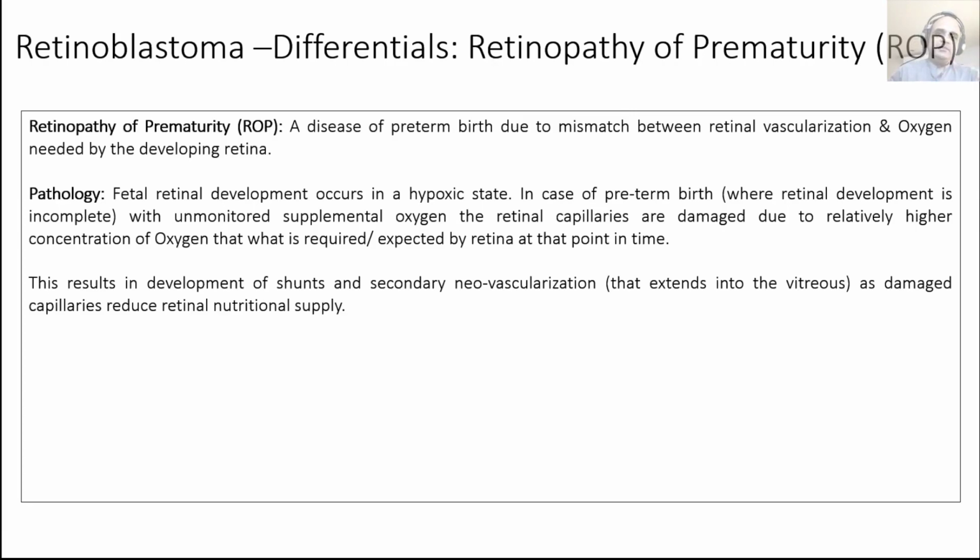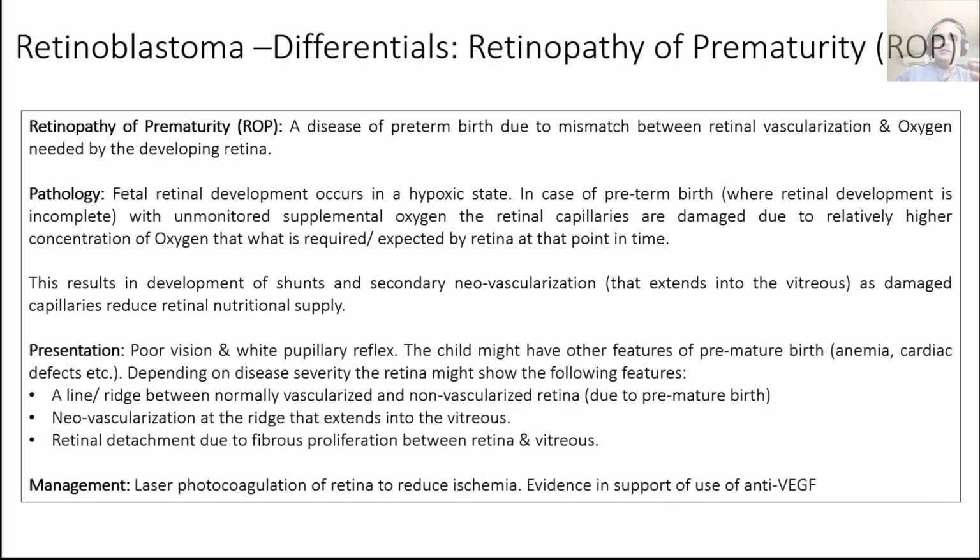They're getting damaged because they're getting too much oxygen, and they're not used to that amount of oxygen because they're expecting less, because it's a preterm baby. It's supposed to be inside the mother's womb and developing. So this disease is because of high supplemental oxygen, any level of supplemental oxygen that is really high relative to the retinal requirement.